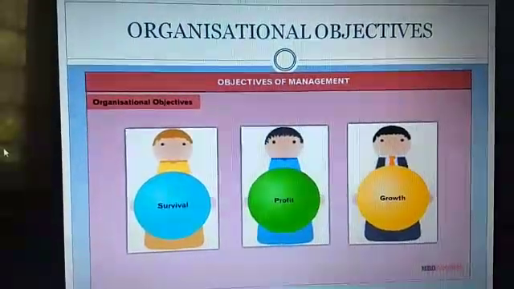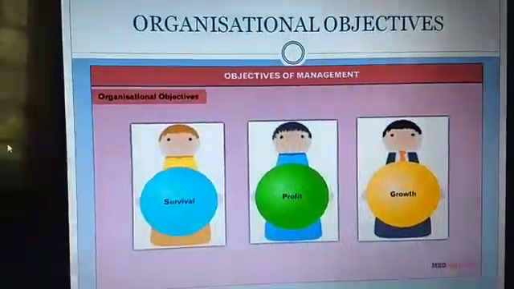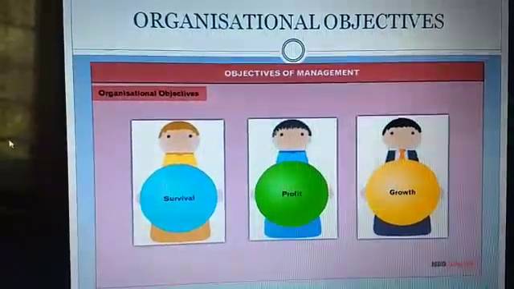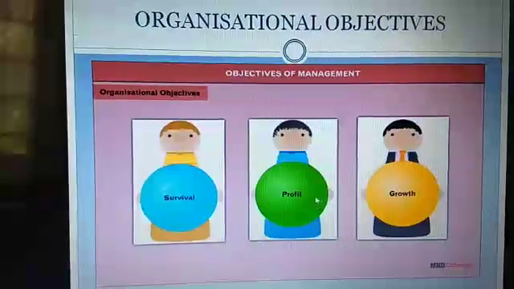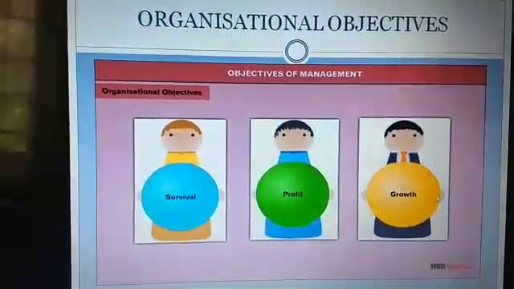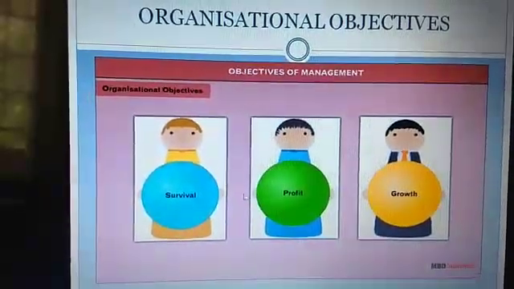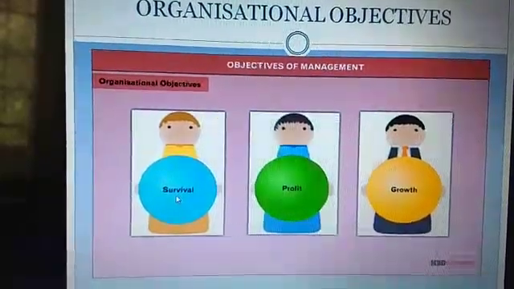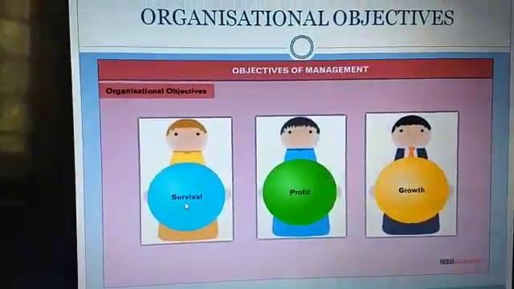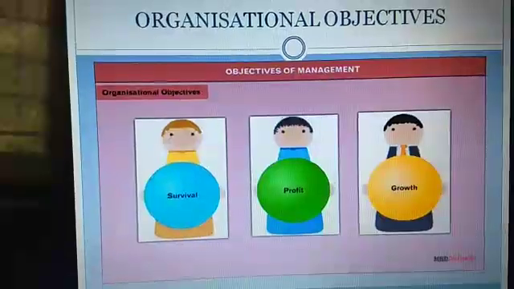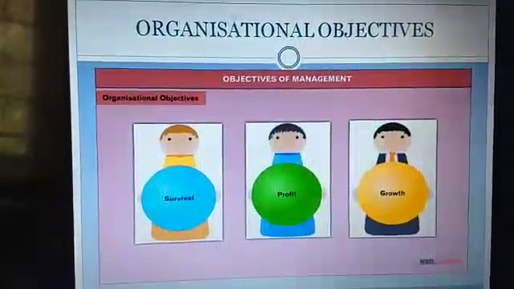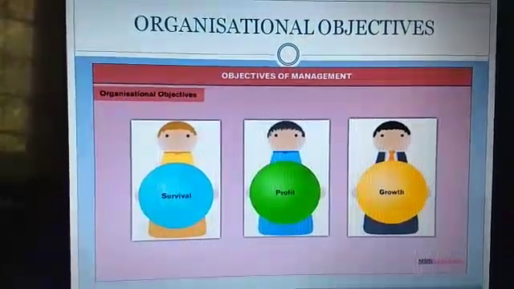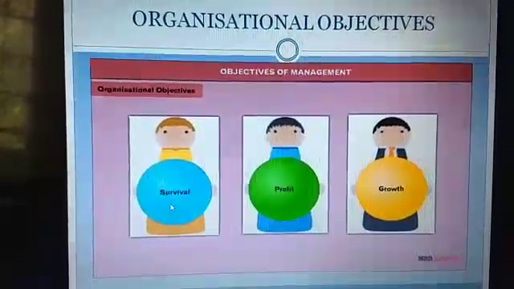Further, these objectives are divided into three parts. They are survival, profit, and growth. Survival. The survival objective of any organization is a must, and mostly new organizations set this as their primary objective.